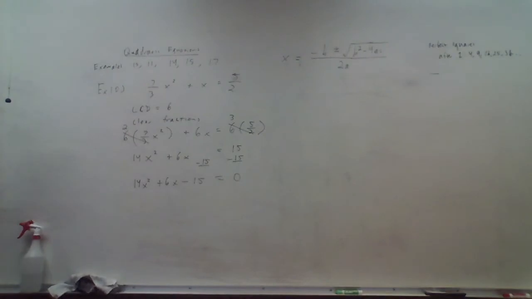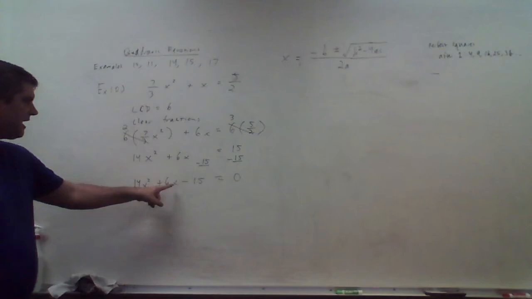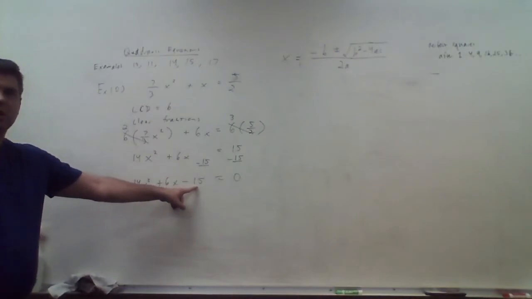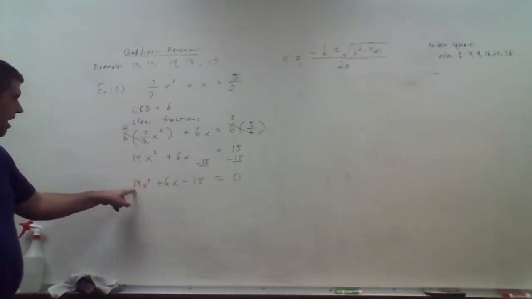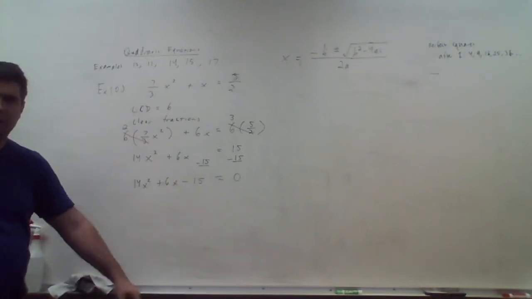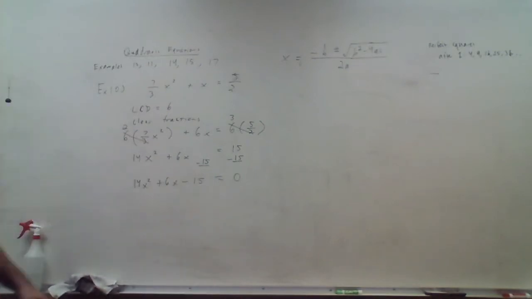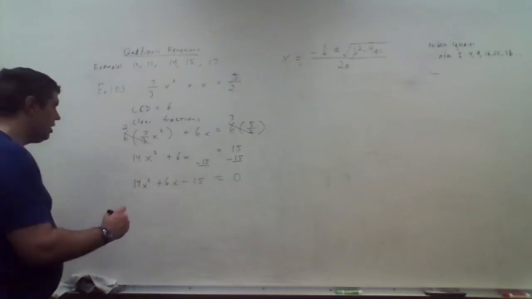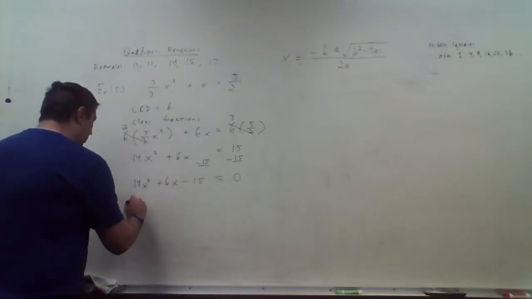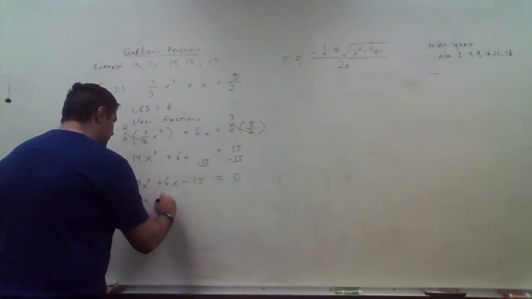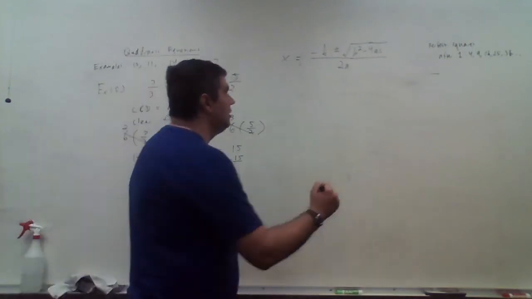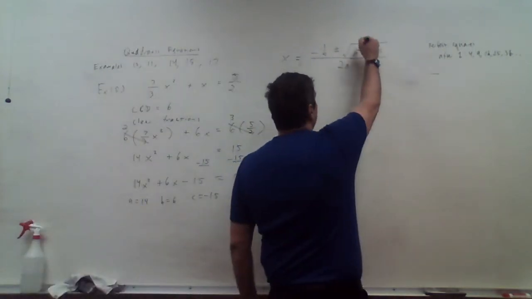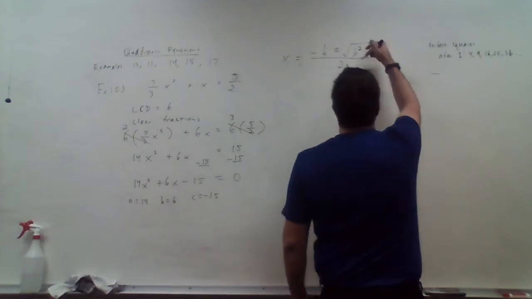Okay, now 14 does not evenly divide all three terms. So it's not easily factorable, and it's not conducive to completing the square because the 14 doesn't divide all three terms. So we're going to use the quadratic formula, and A will be 14, B is 6, C is negative 15. So I have the quadratic formula listed over here.